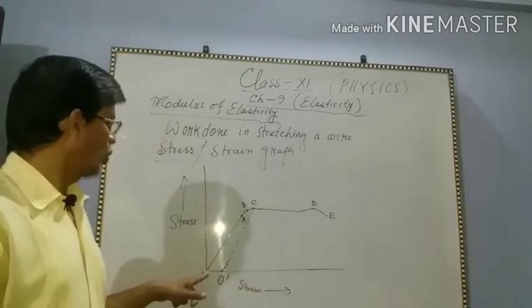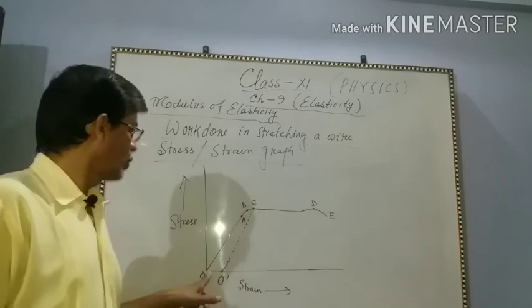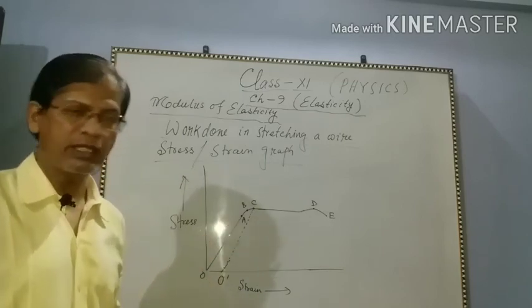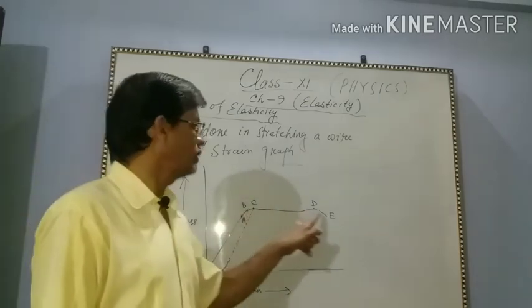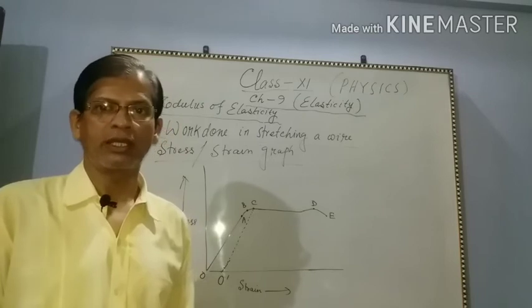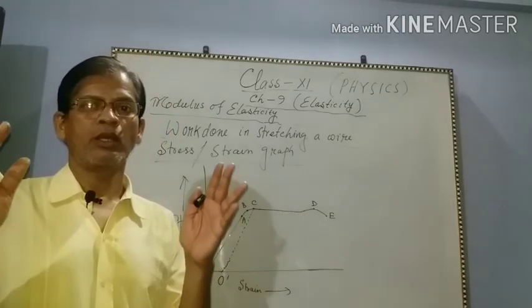So OA follows Hooke's law. OAB is the elastic region. B to E is called the plastic region. Plastic means it will not follow Hooke's law.